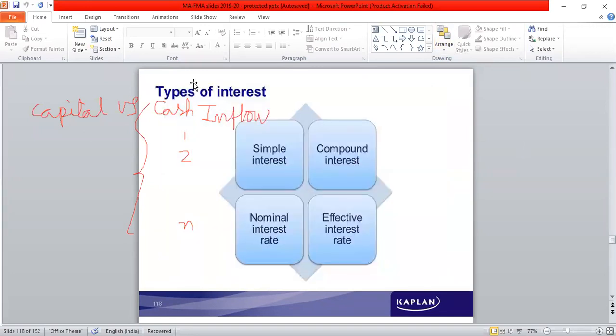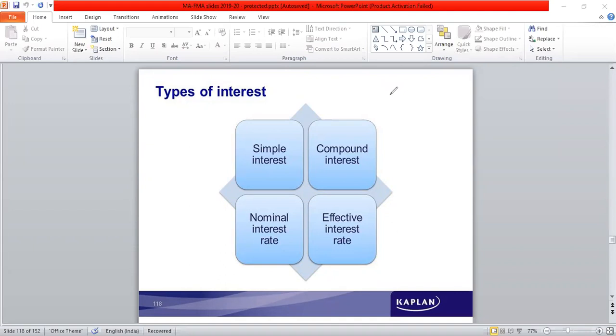Then how would we discount them? To discount them, there are various types of interest: simple interest, compound interest, nominal interest rate, effective interest rate. These are different types of interest rates.